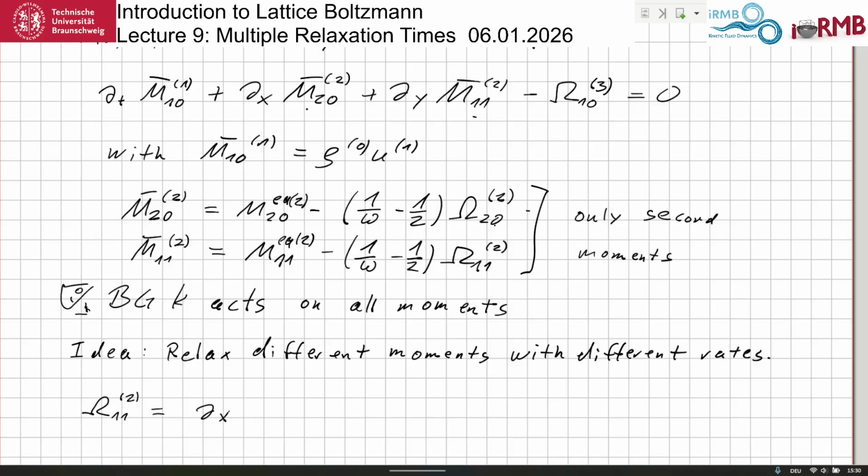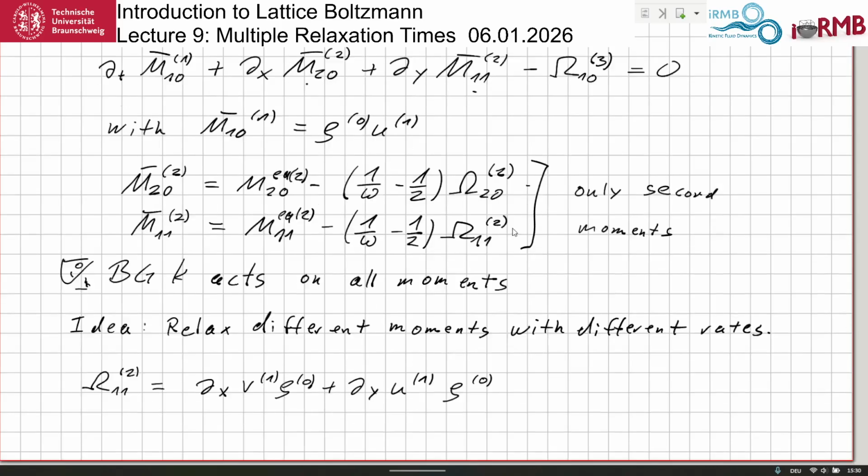So we've derived this last time to be the derivative in x of the velocity in y to first order and rho 0 to 0 order plus dy u x velocity to first order and rho to 0 order. This omega 20 to second order we identified as, I'll take the rho 0 out, dx u to first order plus theta dy v to first order.